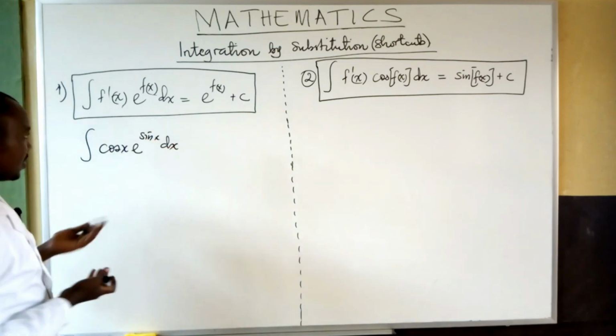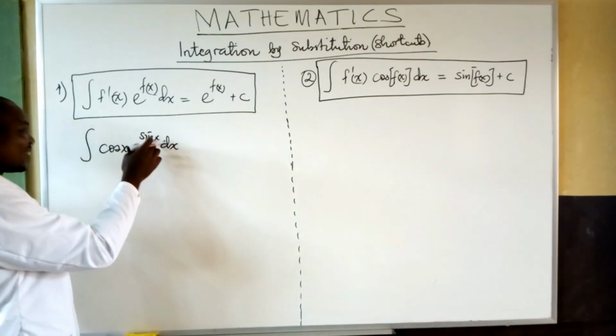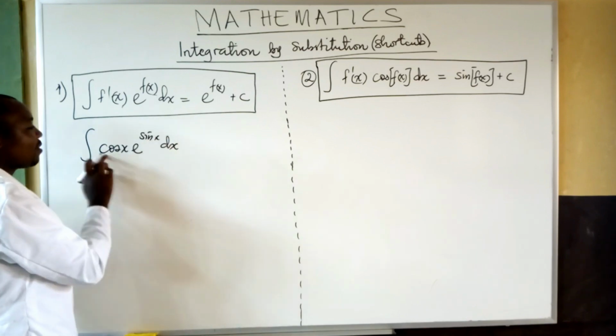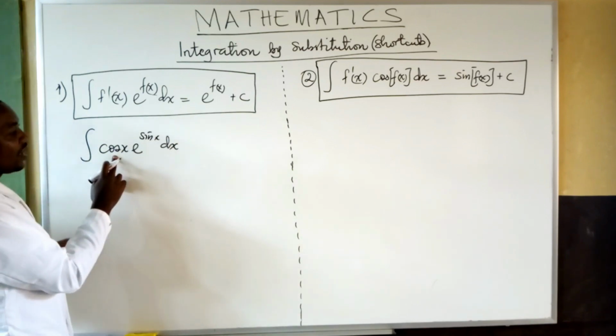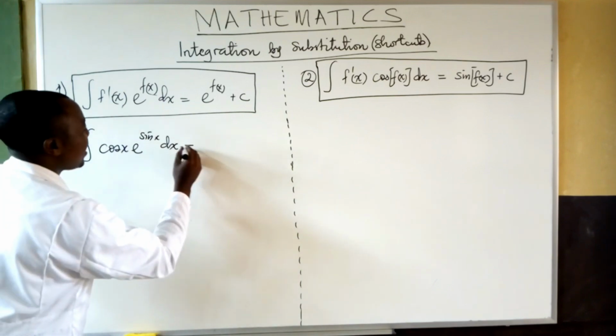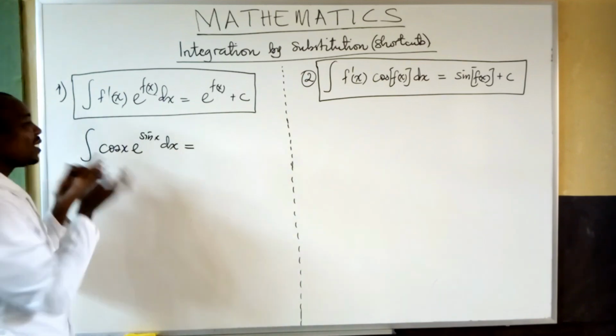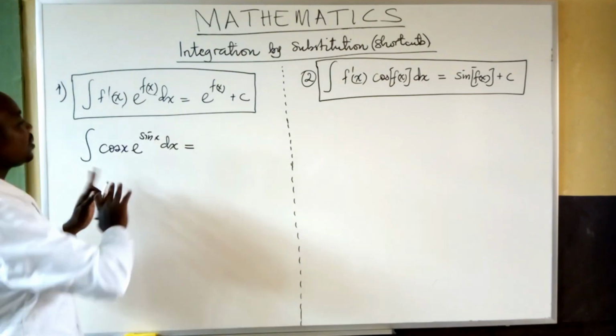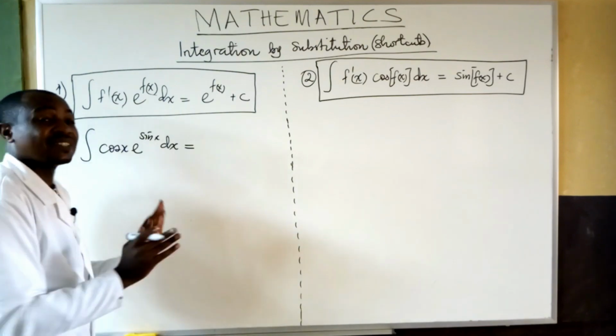As you can notice, e to the sine x, the power of e can be differentiated to have this part, which is cos x. And so in that case, I do not need again to do a lot of substitutions and wasting time in the exam. I simply go straight because the method is clear.